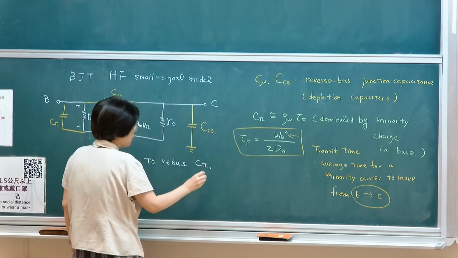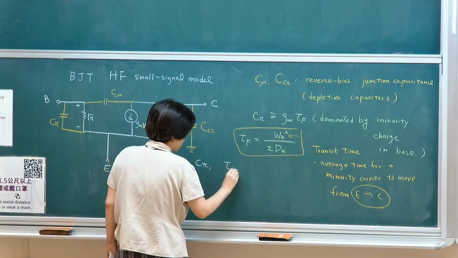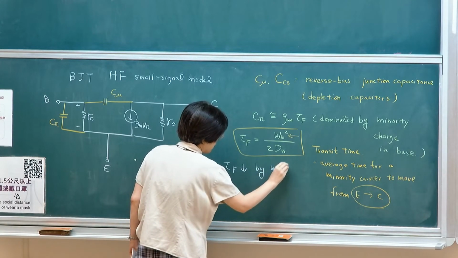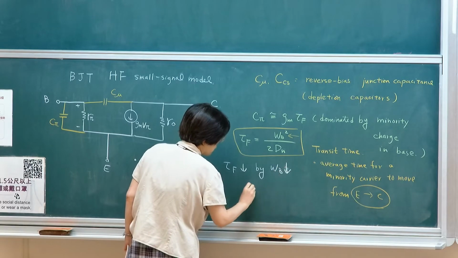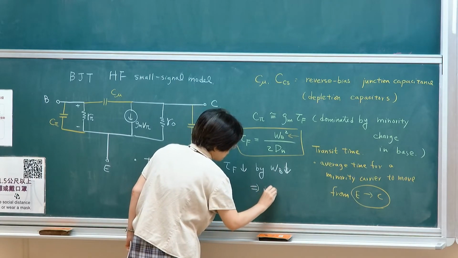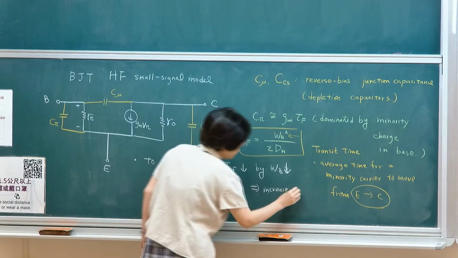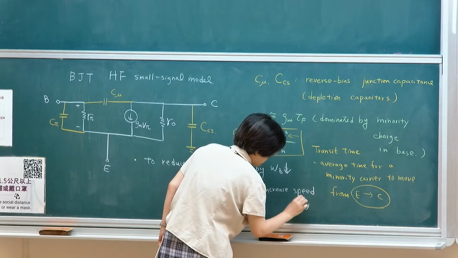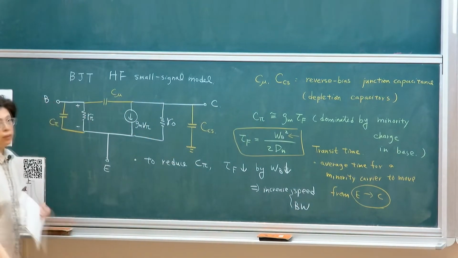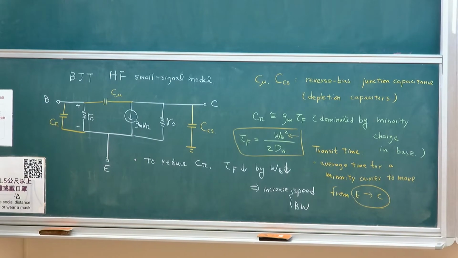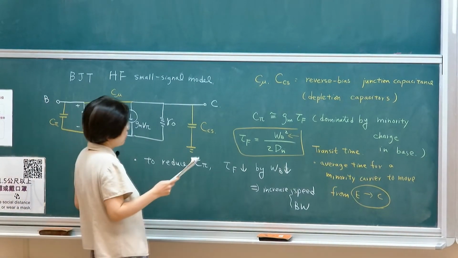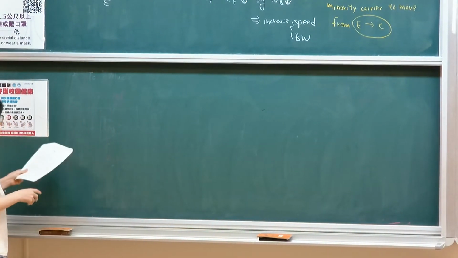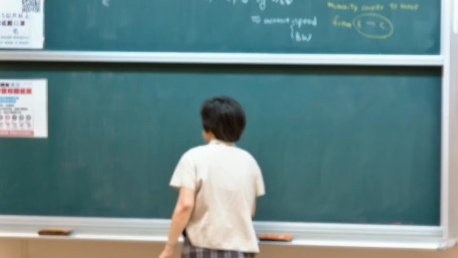To reduce C pi, the key is to reduce the base width, so as to increase the overall speed or bandwidth of a bipolar device. Okay?